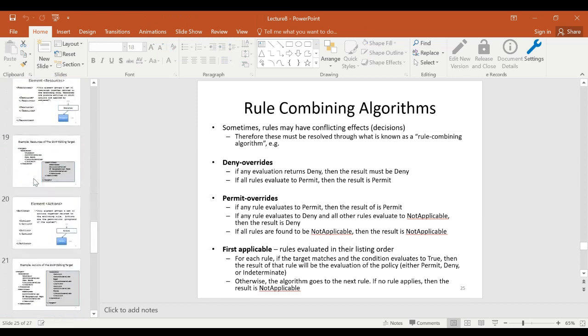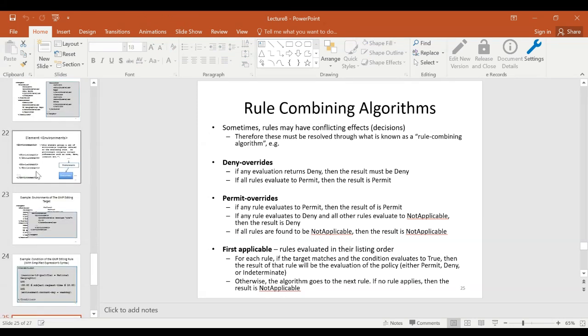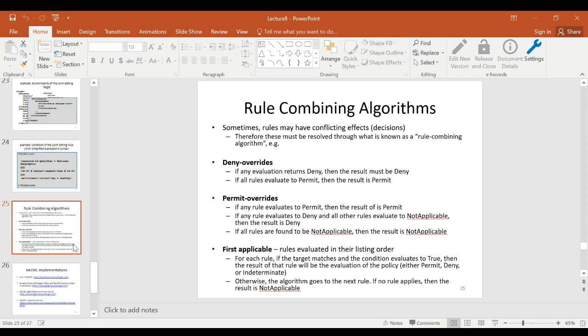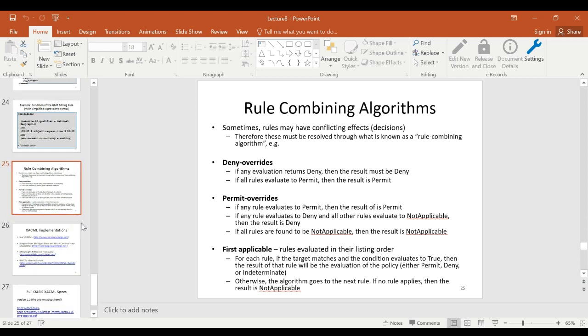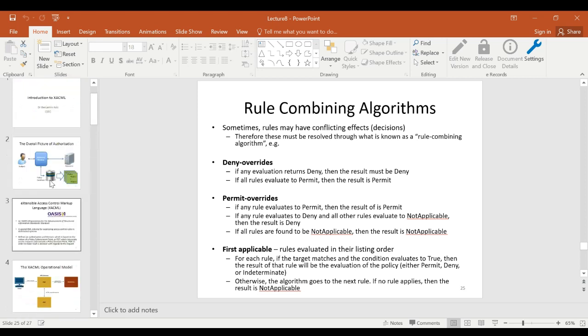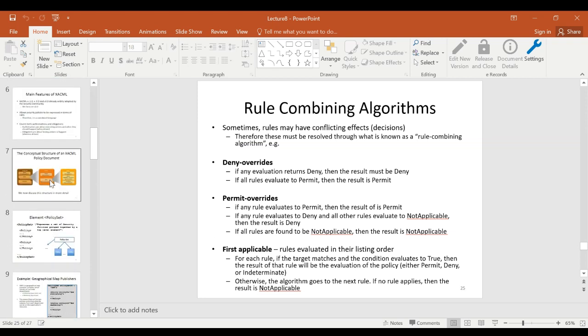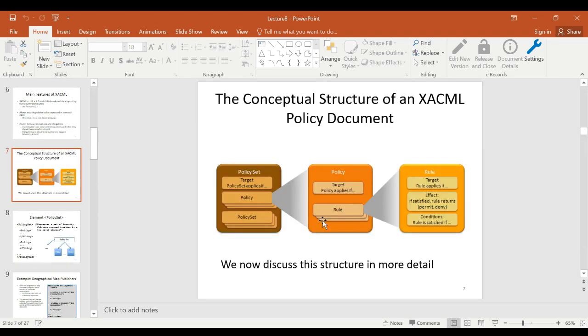So that's the idea of rule combining algorithms. Of course, there are also algorithms that combine policies. In the same sense that we said that a policy is a set of rules, we also said that a policy set is a set of policies.